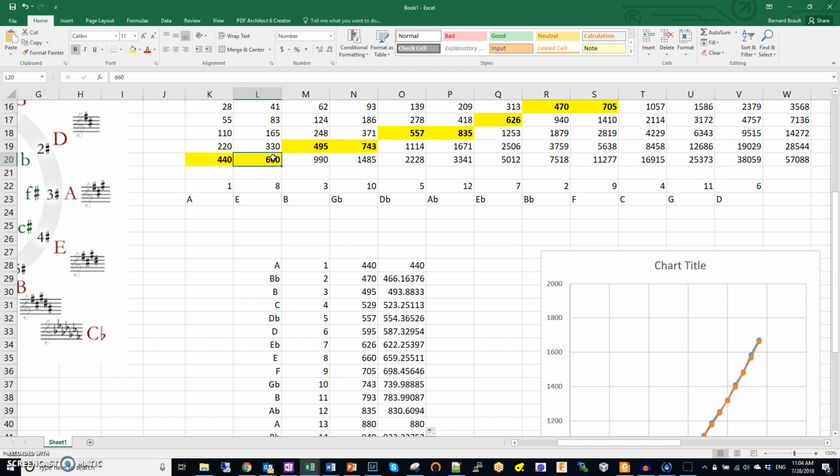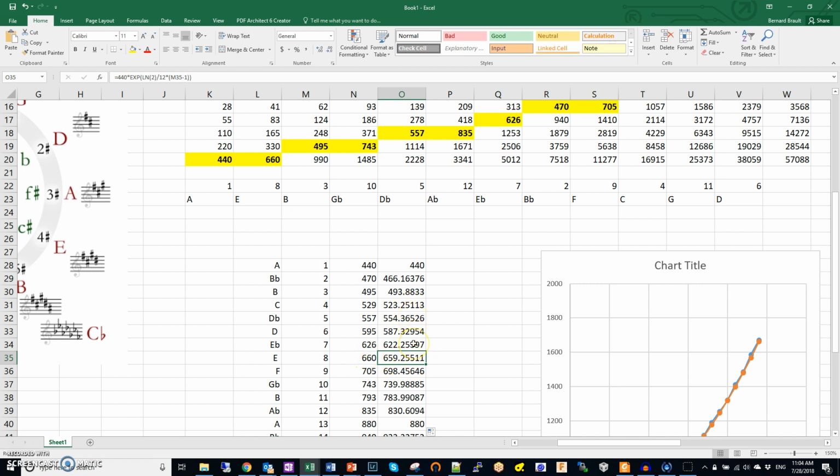But when you use equal temperament to tune your instrument, you'll find you're slightly off. You're not at 660 anymore, you're at 659.25. So this is not going to sound as nice. It's not going to be as pure as tuning your instrument to 660.